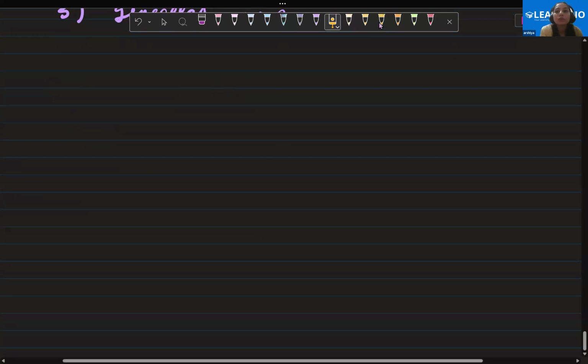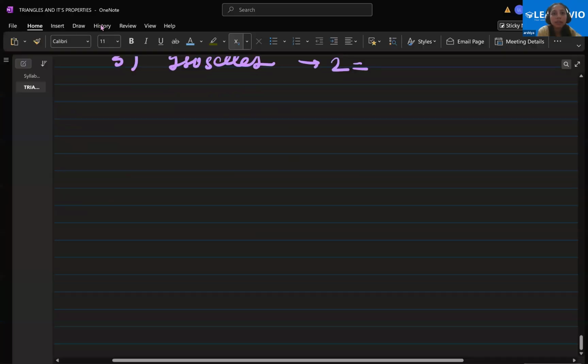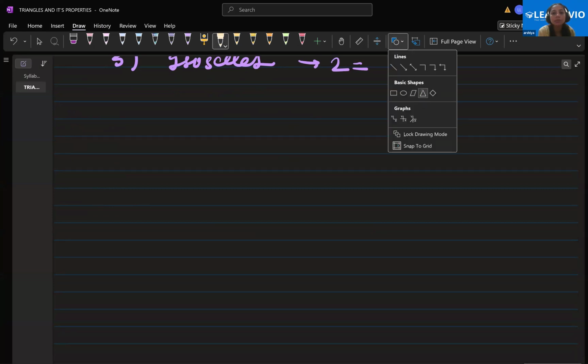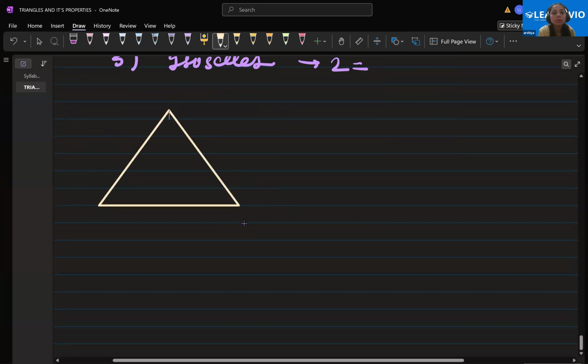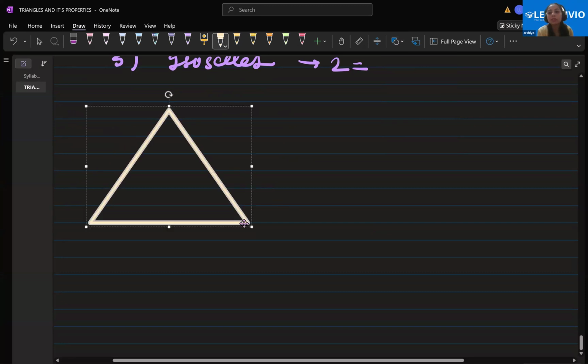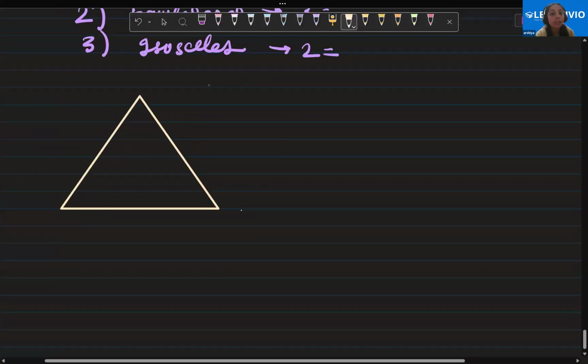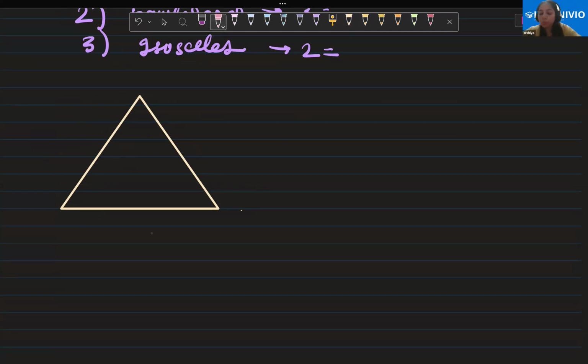If I want to draw an isosceles triangle, how will it look like? Two sides equal, one is not equal. Can an isosceles triangle come with a 90-degree angle? No, that's a right angled triangle in which the angle is 90 degrees.